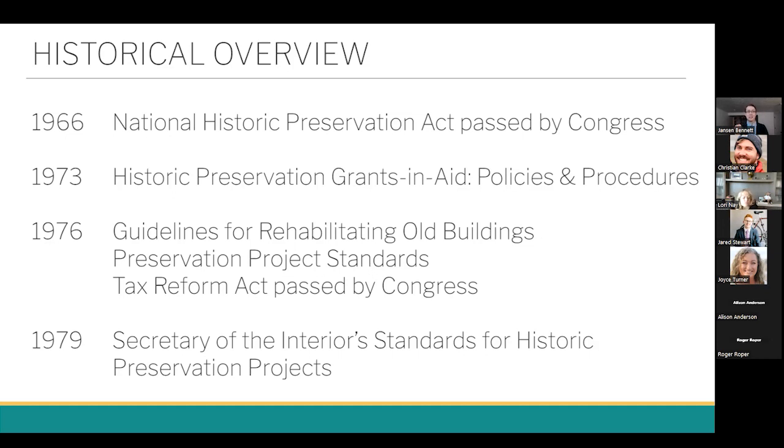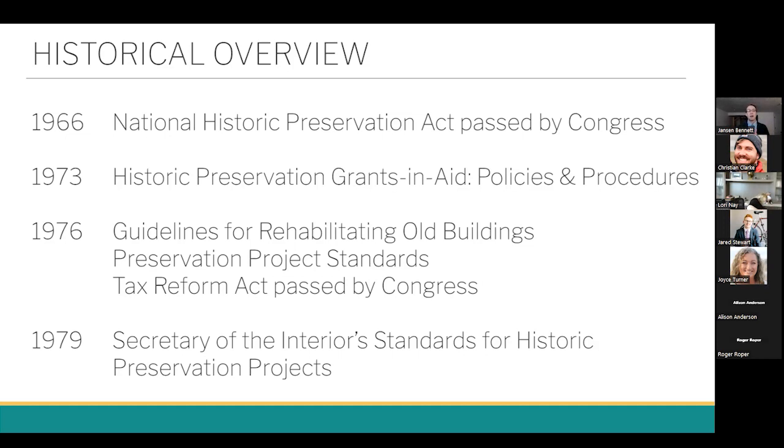Also in 1976, the Tax Reform Act was passed by Congress, which adds another program that meets preservation standards. With three different programs administered by different people and departments, it became clear that there should be one single set of standards that can be applied to all different project types.